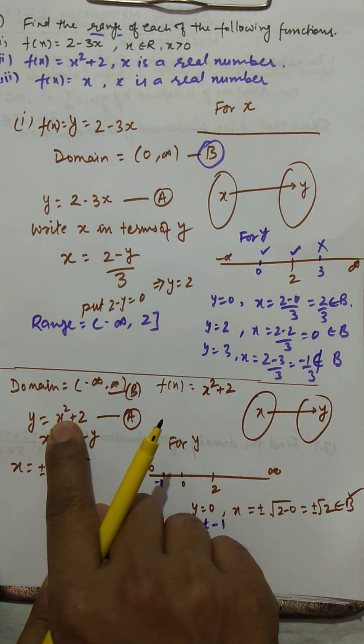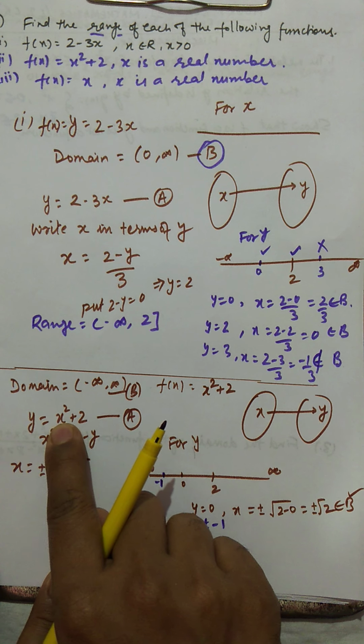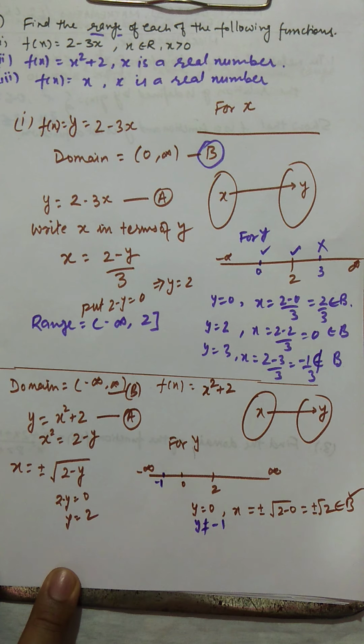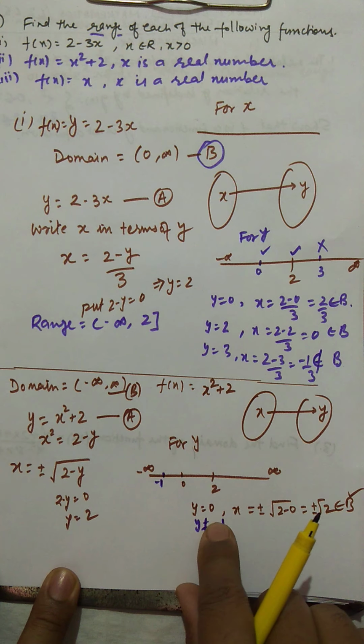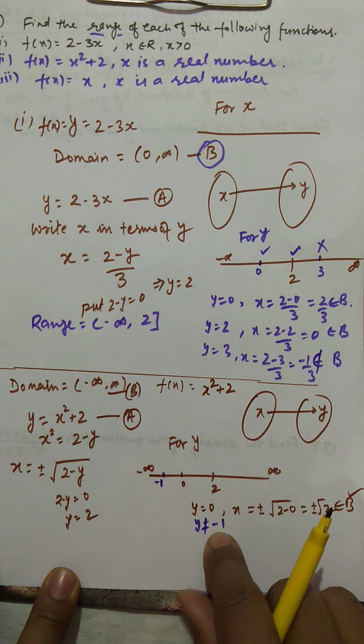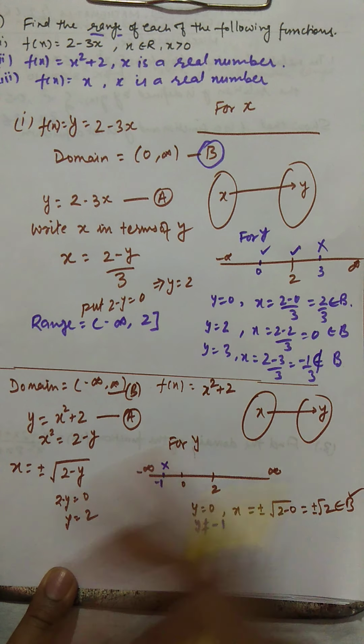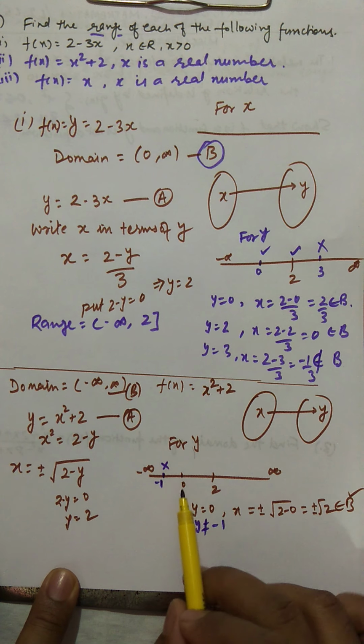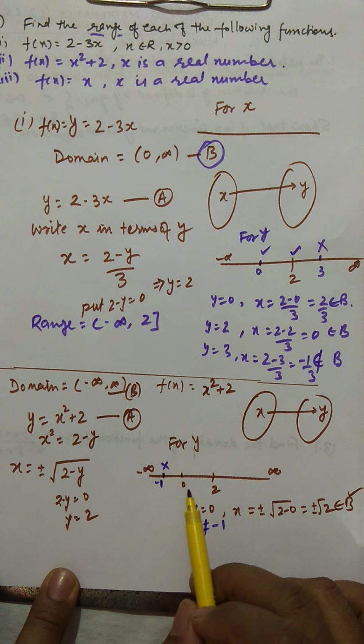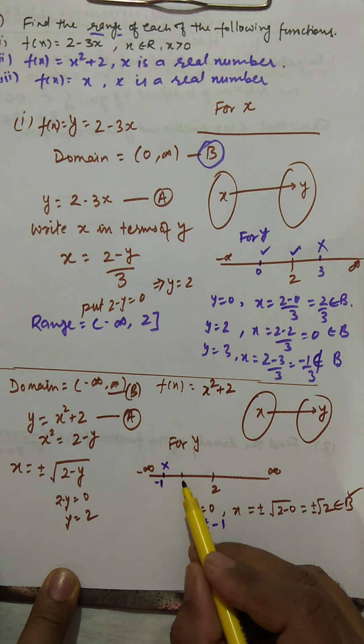So the square is always positive, plus 2 positive is always positive, and the sum of two positive numbers is positive, so y cannot be negative at any cost. So we'll not take this side. You have to check yourself. This 0 we have taken from our side, so this cannot be negative.